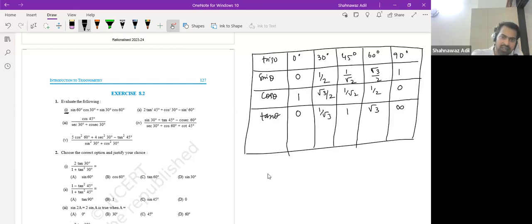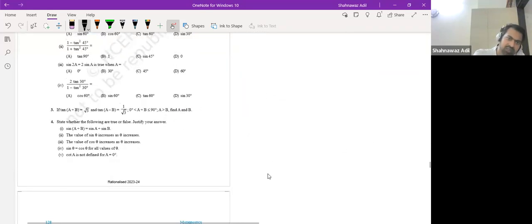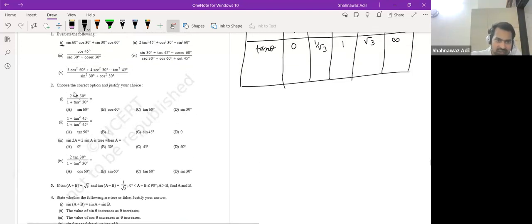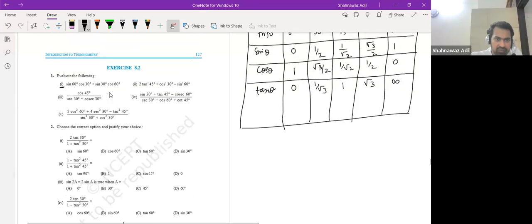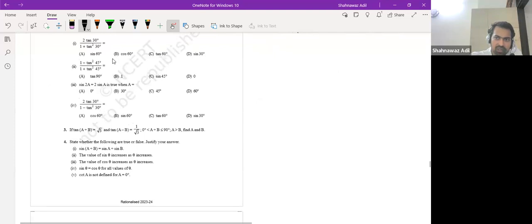I will do this third question, and you guys practice all these questions because these are just putting the values of all the trigonometric ratios. You have to just remember these values. If you face any problem, please ask.